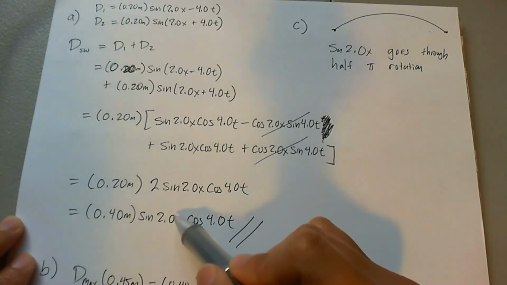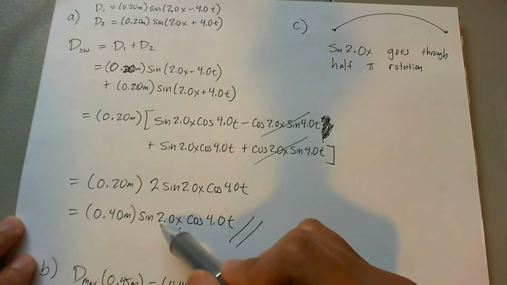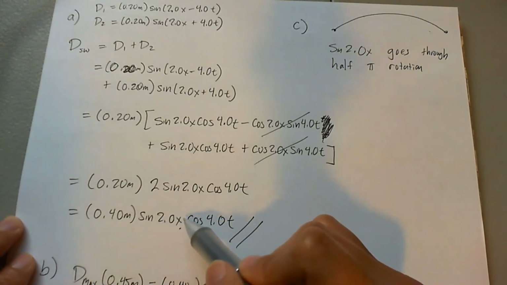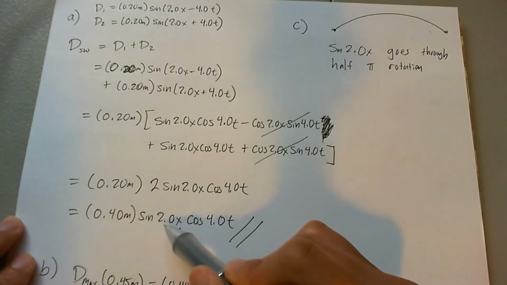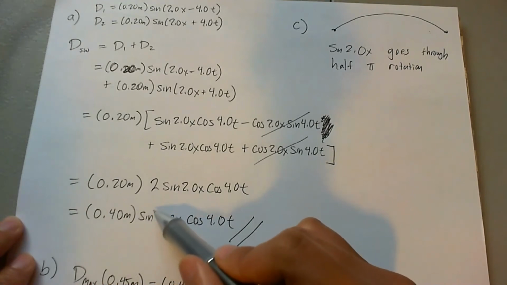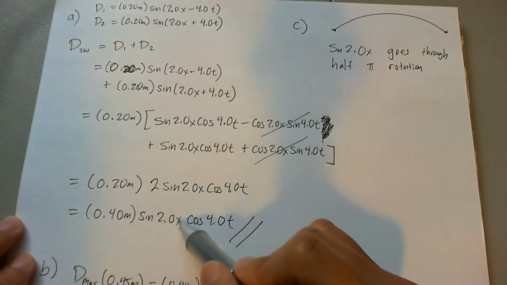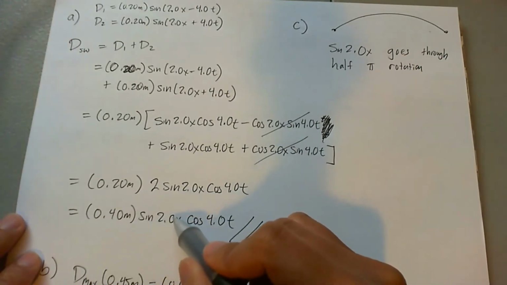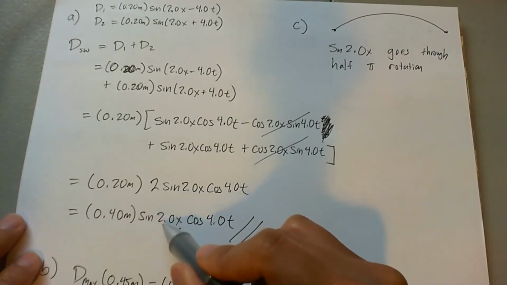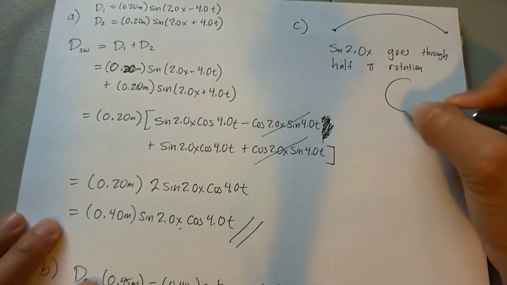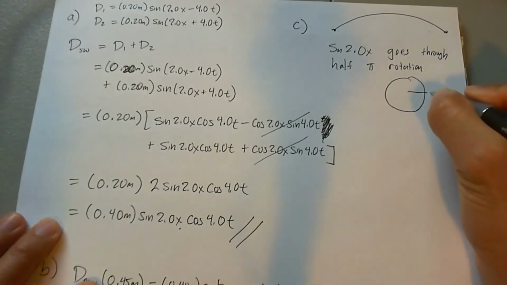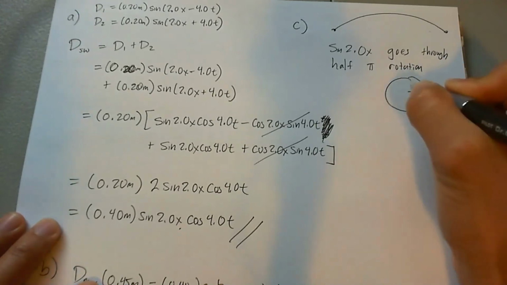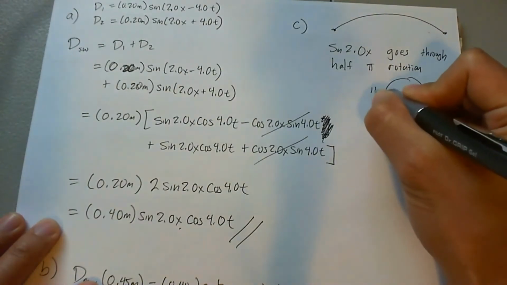Now we know that when x is equal to 0, it's at 0 to begin with. But now we want to know what x has to equal in order to make the sine function 0 again. Well, we know from the unit circle that if the argument is equal to pi, so let's look at the unit circle real quickly, we see that this is 0, and this is pi.